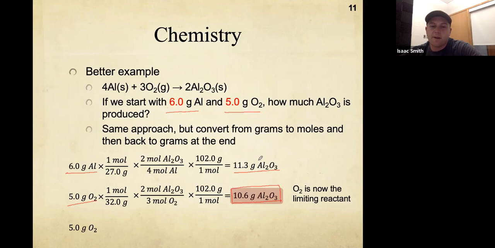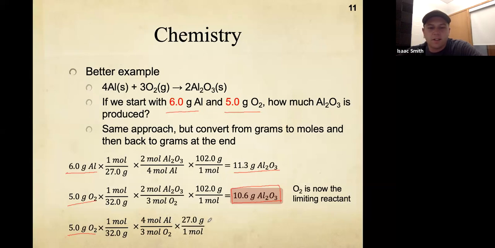So if we want to figure out how much aluminum is left over, we could say how much aluminum is needed to utilize this 5 grams of oxygen. So let's convert grams of oxygen to grams of aluminum, right? You could say from grams of A to grams of B if you're looking at that map that I drew out in the last lecture. So you're going to first go to moles of oxygen using the molar mass and convert over to moles of aluminum using the mole ratio.